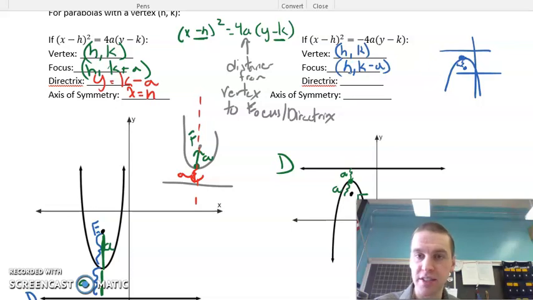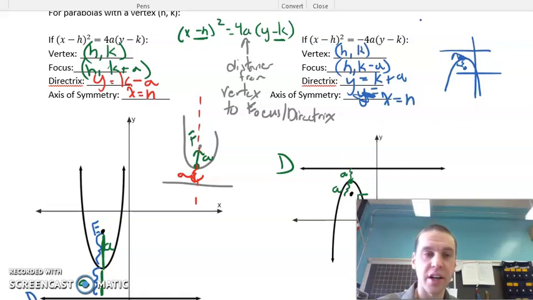The directrix this time is shifted up, and so it's y equals k plus a. And the axis of symmetry doesn't change. We're still left with x equals h. So this entire idea of focus and directrix is whether it's shifted up or shifted down. And we're going to see an example of this on the next page.